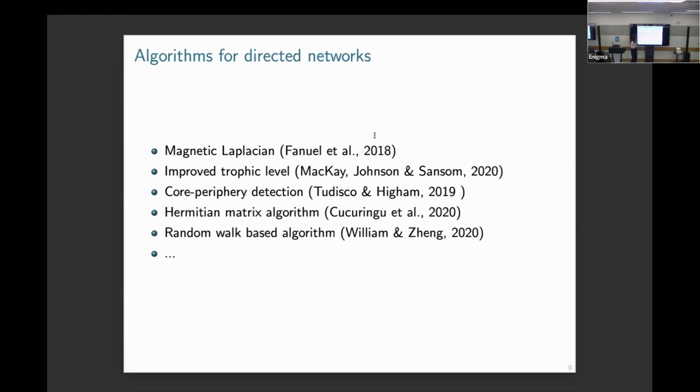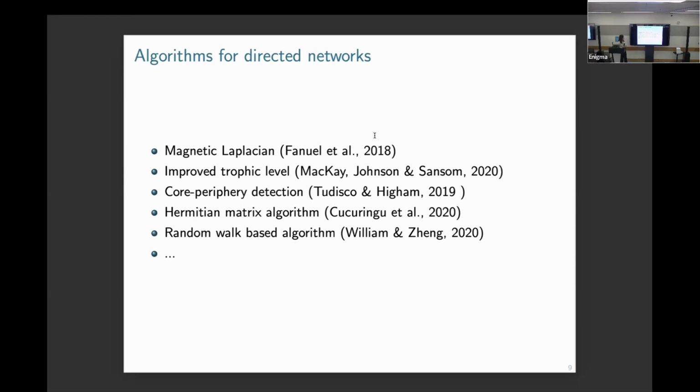And there's an improved trophic level, which appeared in the previous images on the right, by McKay, Johnson, and Sansom. There's a core-periphery detection by Tudisco and Higham, and there's a Hermitian matrix algorithm by Cucuringu et al. using a complex-valued matrix. And there's also a random walk-based algorithm, where we perform a random walk along the edge direction, by Willson and Zhang.